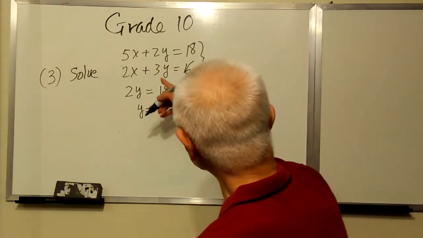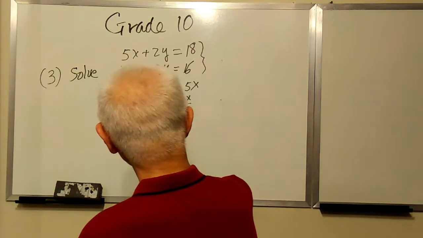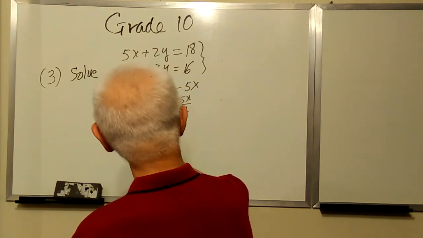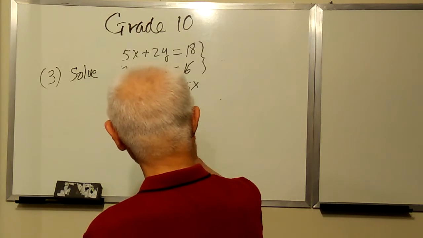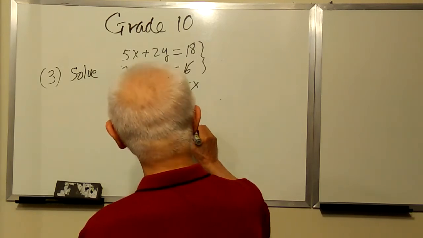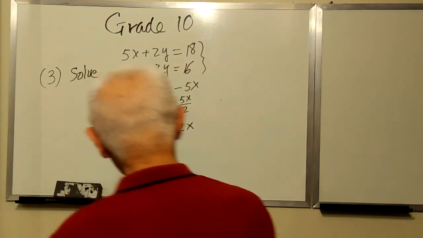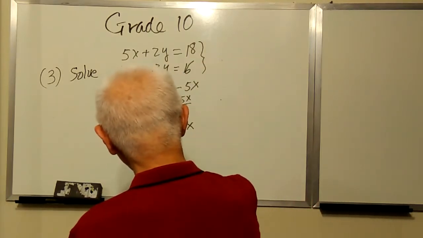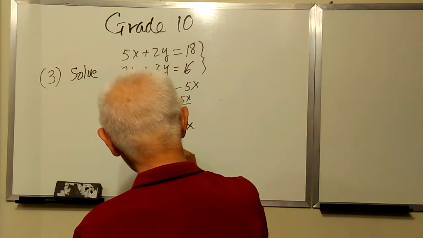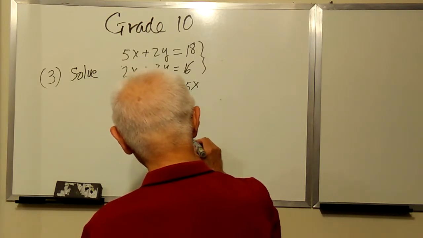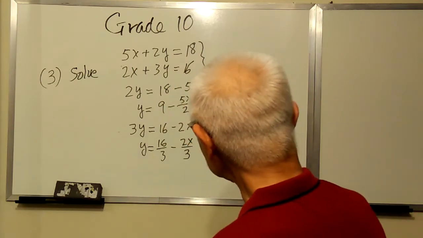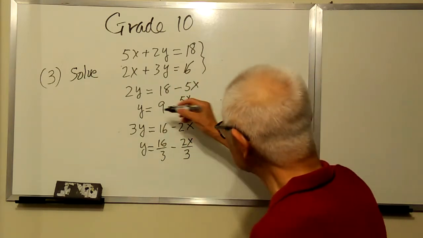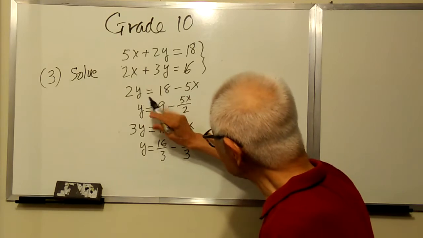Then I do the same thing on the second equation. The first step is to keep 3y on the left-hand side and move 2x to the right-hand side. Divide this equation by 3, I have y equals 16 over 3 minus 2x over 3. Then the next step is, of course, you see this y and this y, they are equal.